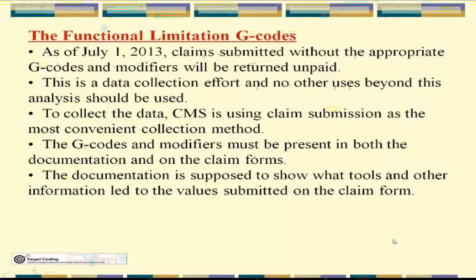So functional reporting is required on the claims at the outset of the therapy episode, at least once every 10 treatment days, and on the same date of service that an evaluation is submitted, like a 97001 or 97002.